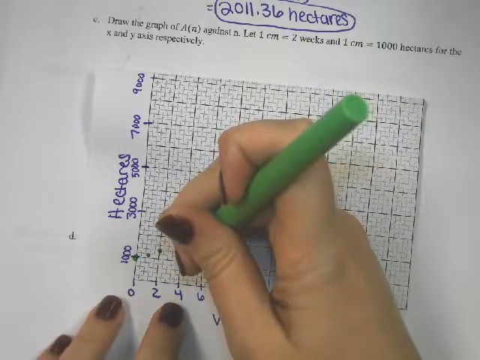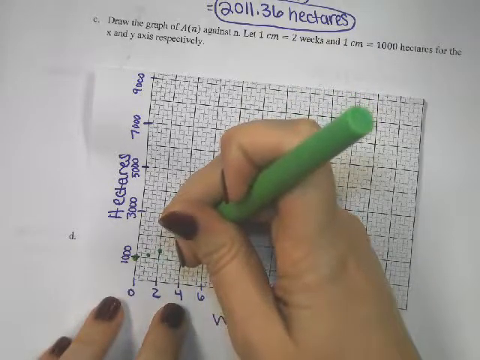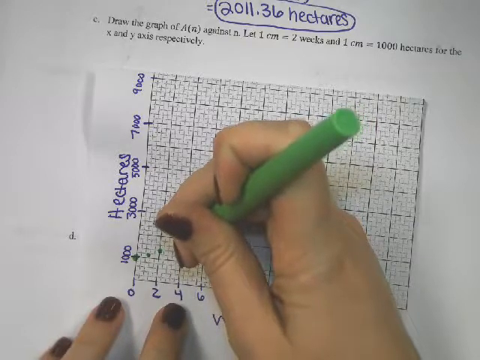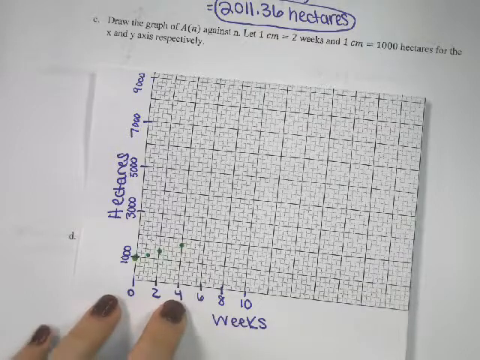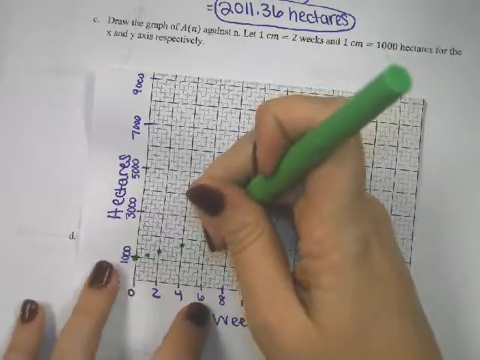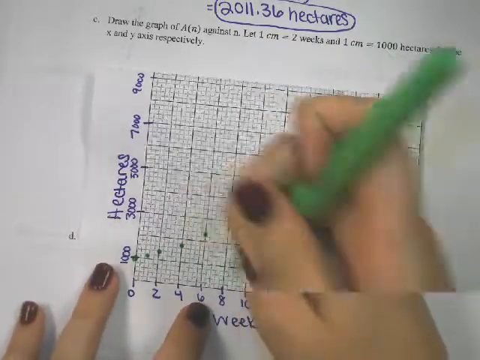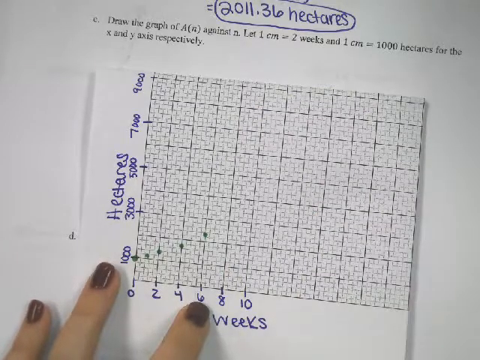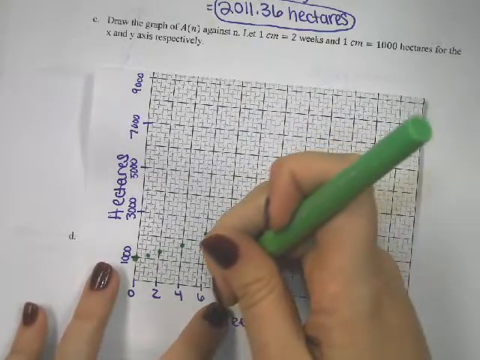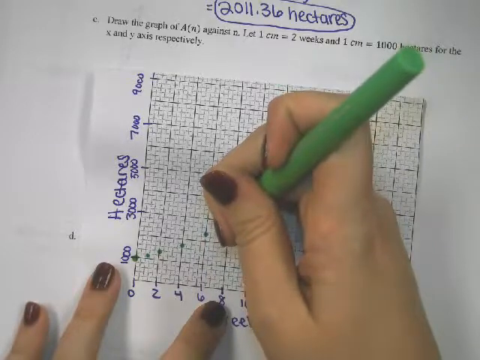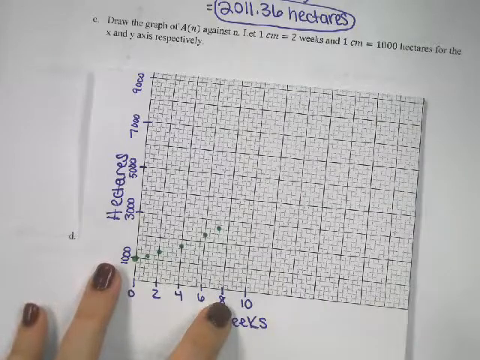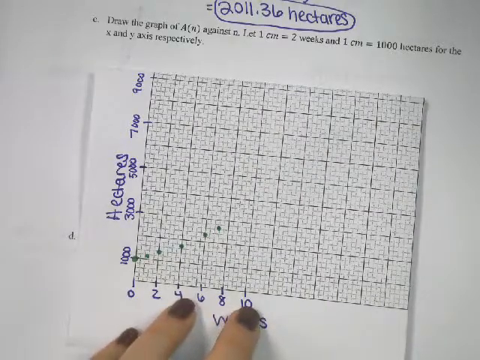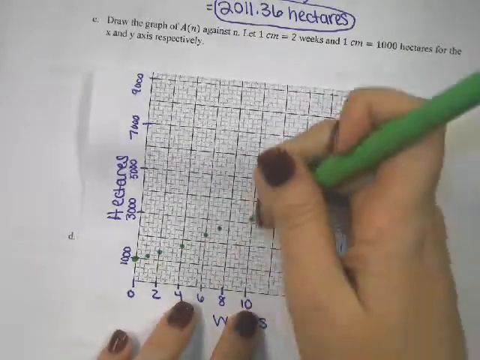So this would be every 200: 200, 400, 600, and there. 6 is at 2,300. 7 is 2,660. And I skip ahead to 10, 4,045.